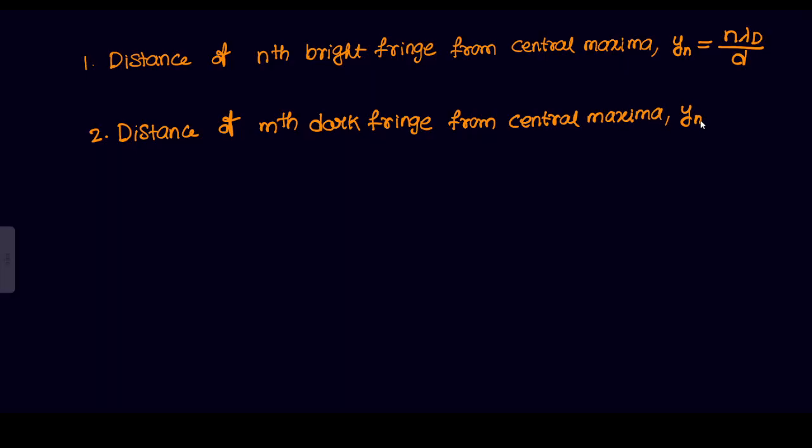This is ym, which is equal to (2m minus 1) into lambda capital D by 2d. This is the distance of the mth dark.